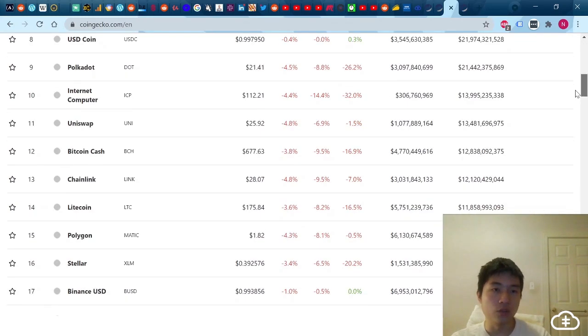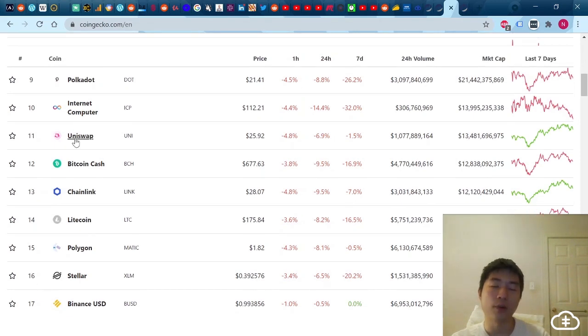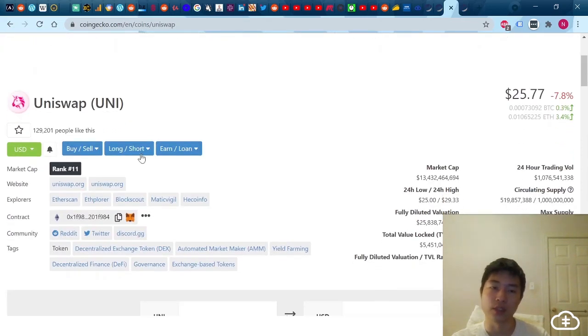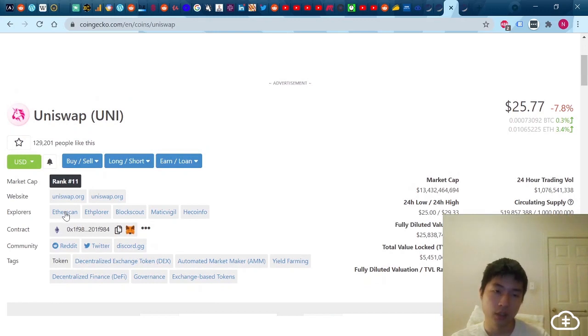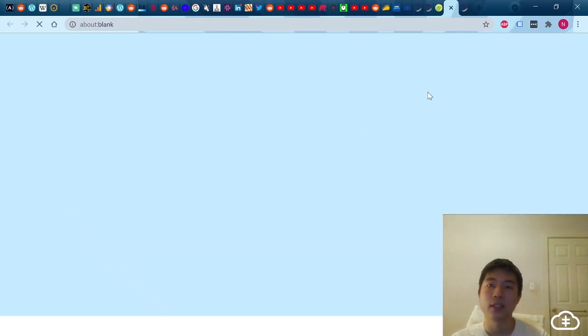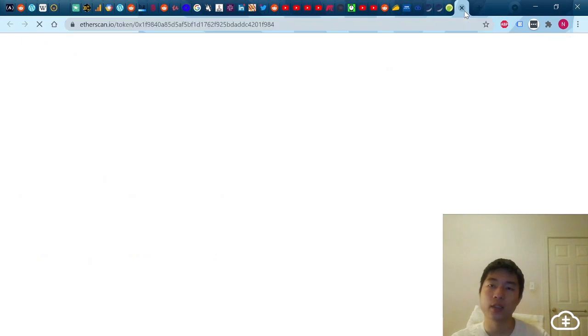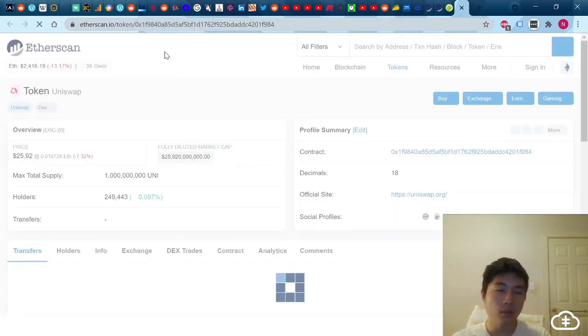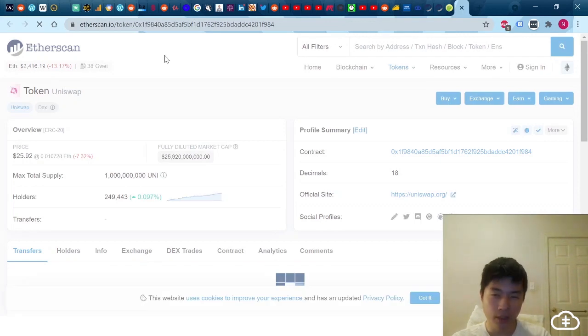I'm just going to use the Uniswap coin. If someone is sending you the Uniswap coin and you want to make sure it's the real Uniswap coin, that you're not being scammed and you're getting the real deal here, again, all you have to do is click the Etherscan link, go in, and see what the token address is.